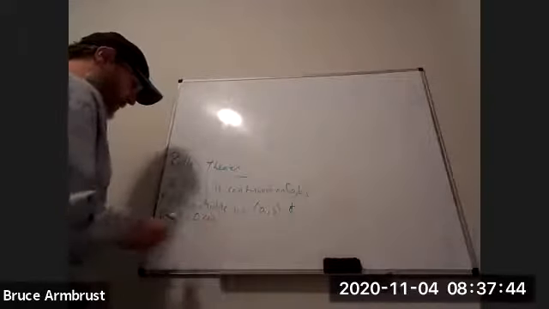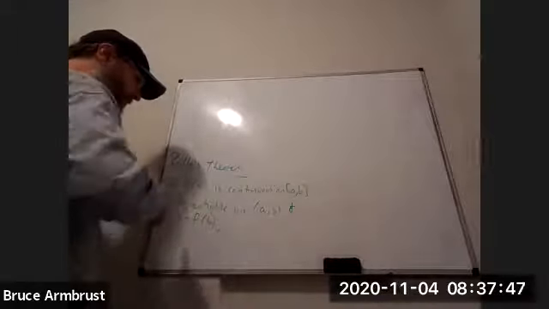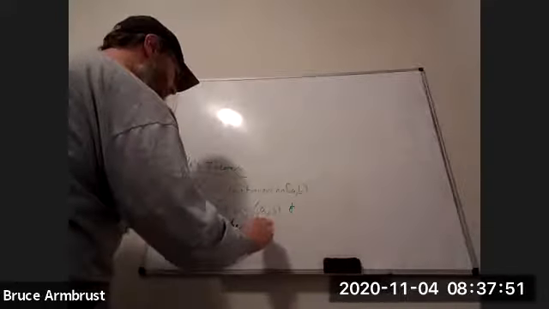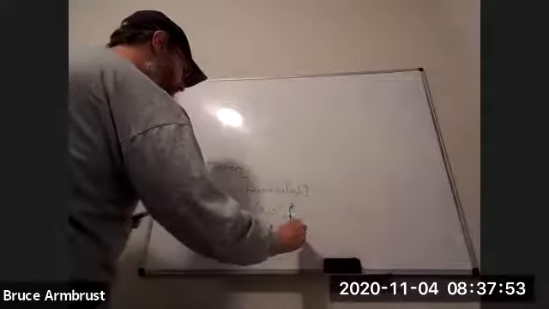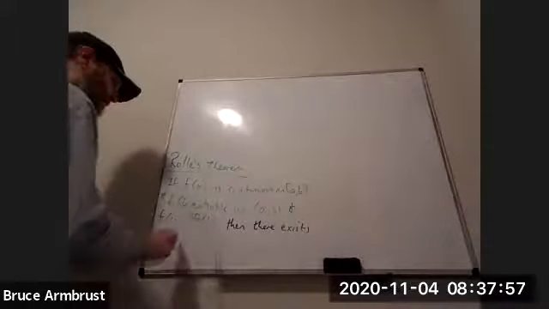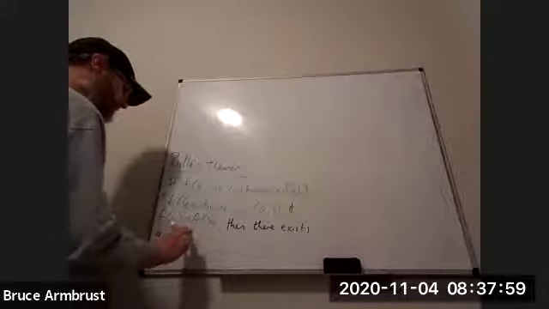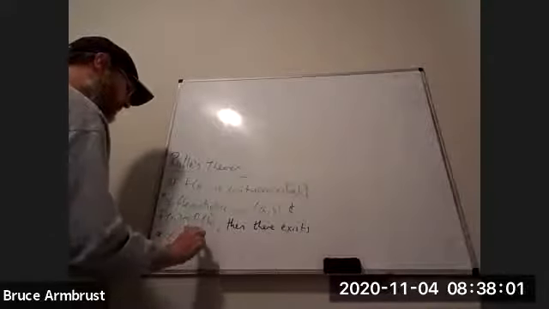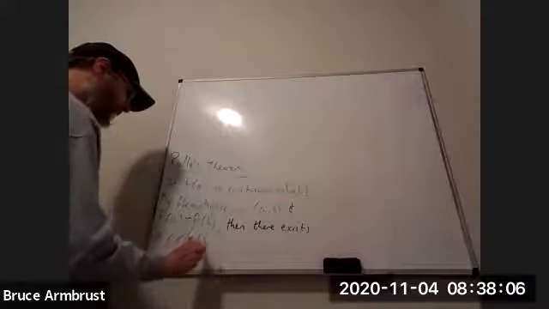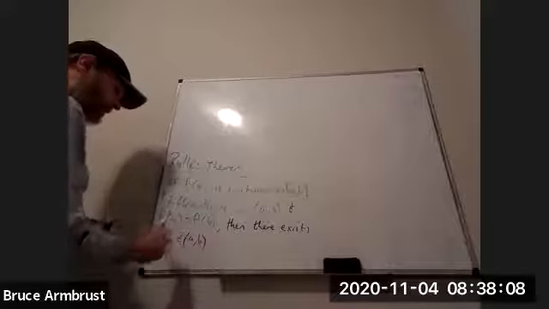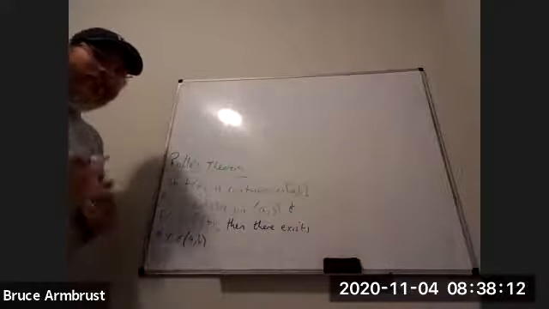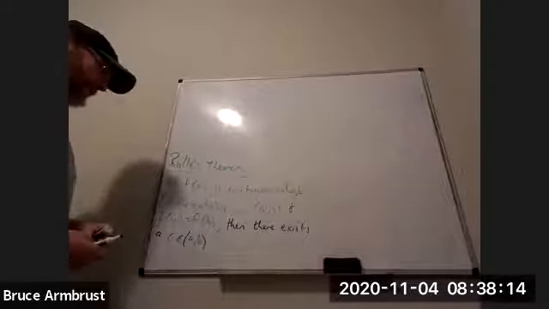Then, let me change color here for the then part. So then there exists a c that's in the interval AB. Now, I'm going to show you another symbol that I've not shown you before. It's mathematical shorthand. I've been wanting to use it a whole lot, but I didn't want to use it without introducing it to you.